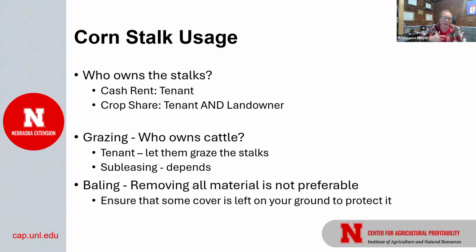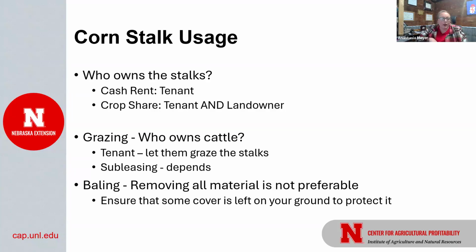It's getting rid of some trash out there. If it's somebody else's cattle coming onto the ground and they are subleasing it, I think it's okay for you to ask for a portion of that money to come back to you, especially if you're in a crop share arrangement.